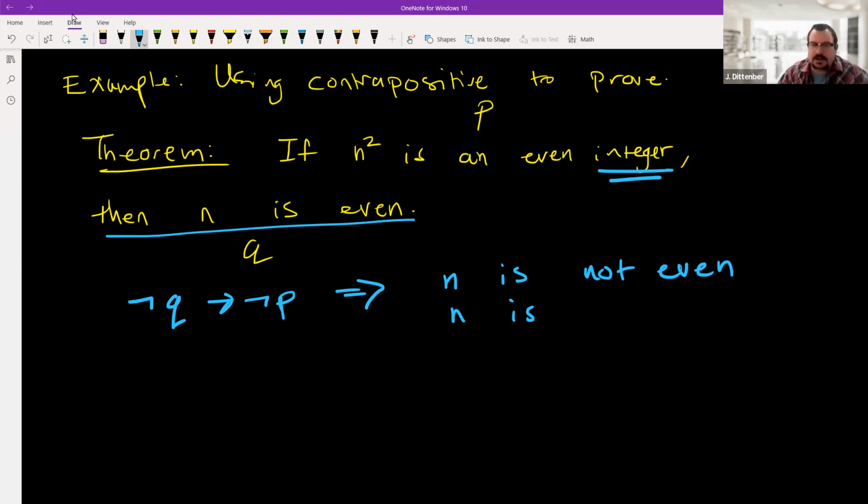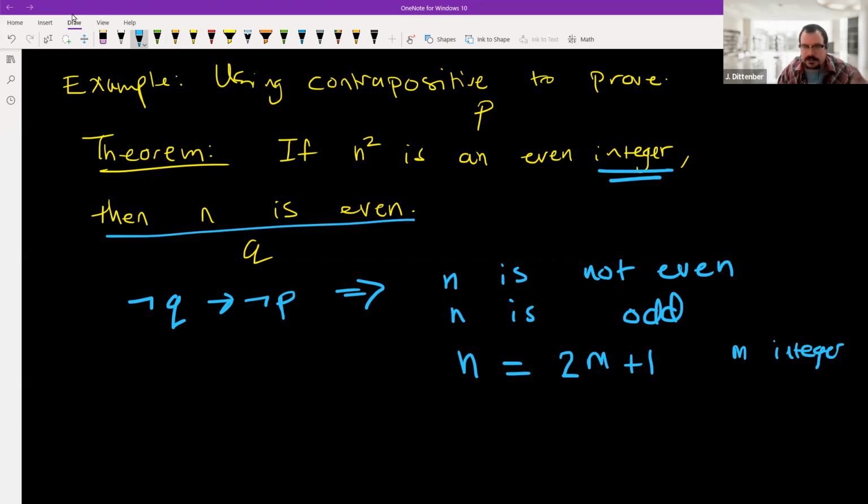So how do I go from even to an odd? I have to add 1. So that means that n is, well, first of all, n is odd if it's not even. And that means that n is equal to 2m, so an even number, plus 1. So 2m plus 1, and m is an integer, of course.